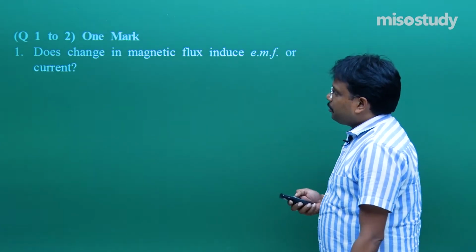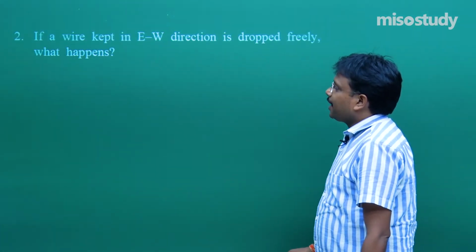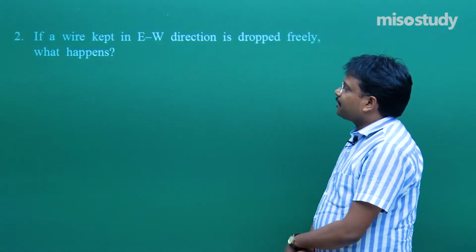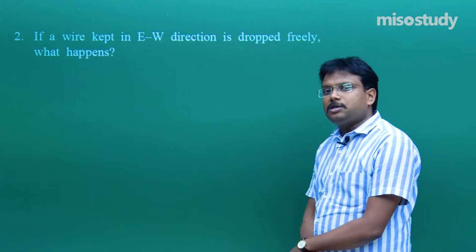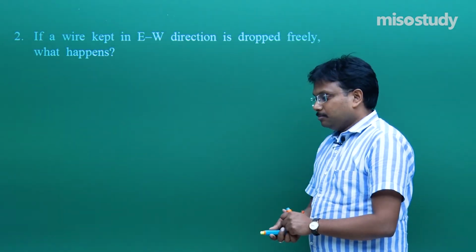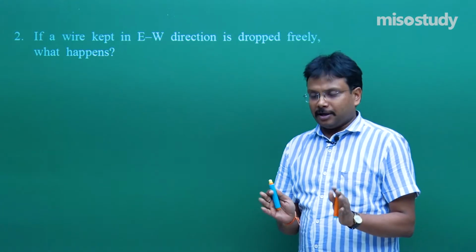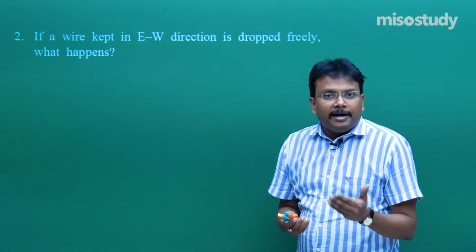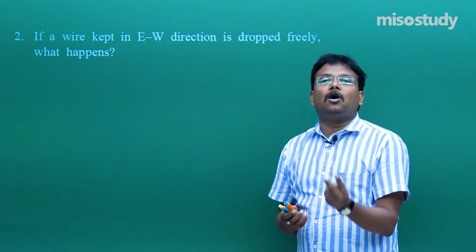So here, with the help of this small remote, I am changing the question, and it is your second question. If a wire kept in the east-west direction is dropped freely, what will happen? Actually they want to know a very simple and fundamental aspect, whether you have the idea of the two components of Earth's magnetic field or not.